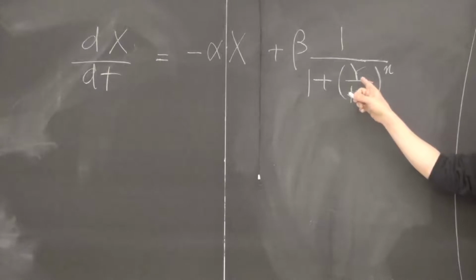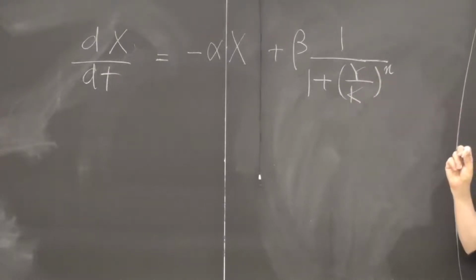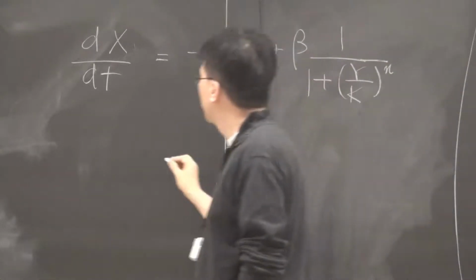So it depends on the repressor, its own repressor Y's concentration, to the power of n, and then the binding, dissociation constant K. And likewise for y.